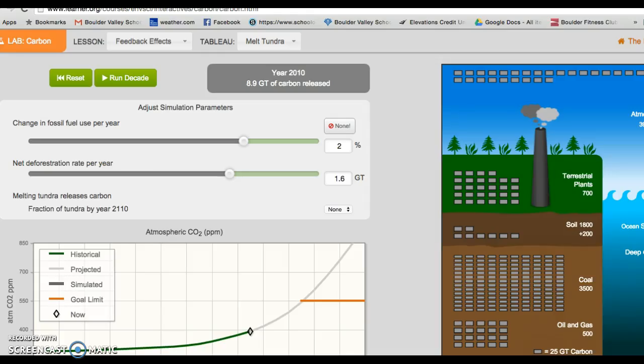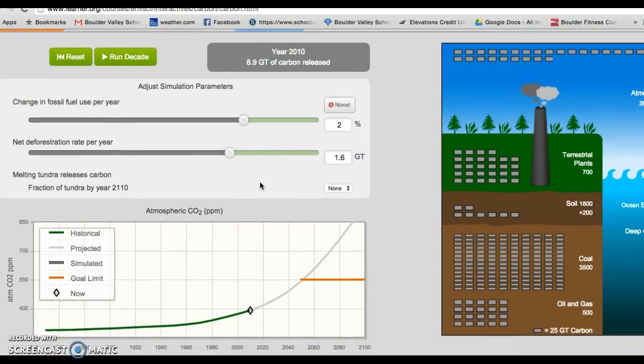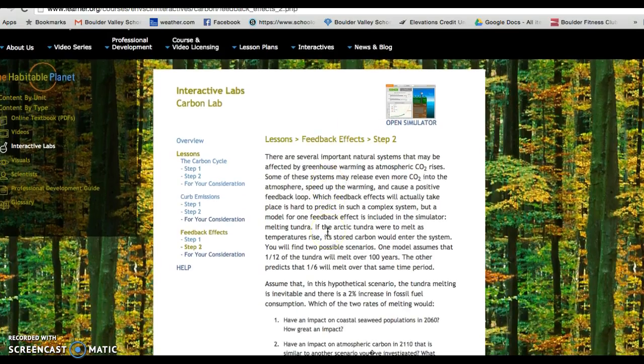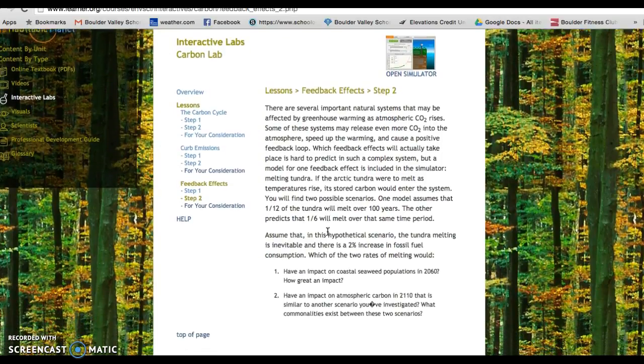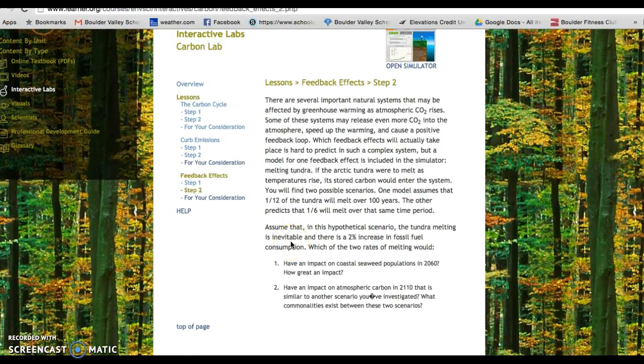So in this lab up here, you're going to go ahead and melt the tundra. Oh no. We're assuming for this last lab that the melting of the tundra is inevitable. And we're going to run this simulation at a 2% increase of fossil fuel consumption, and record that data here.